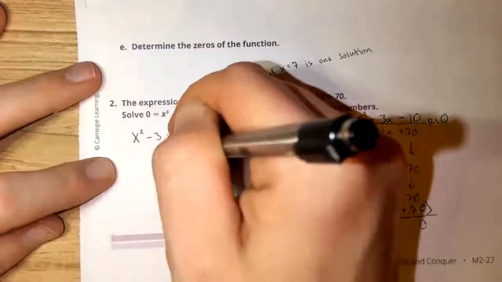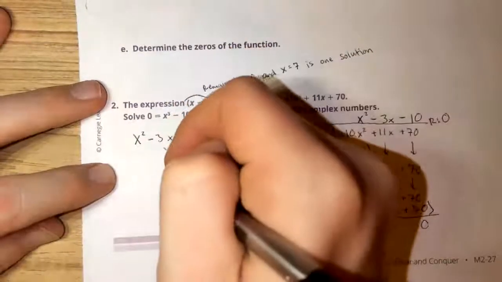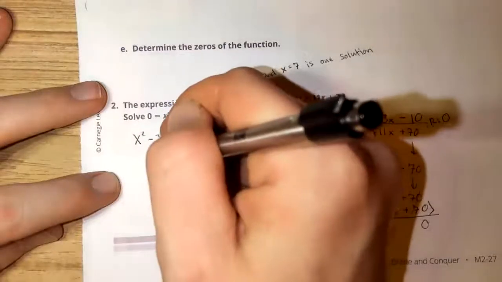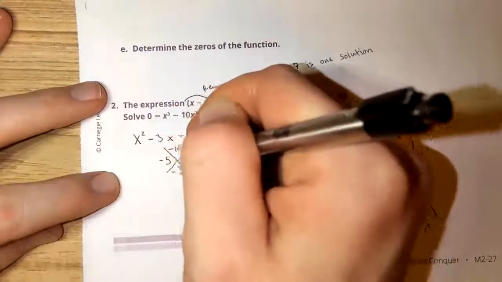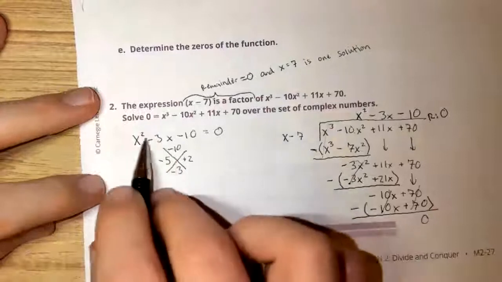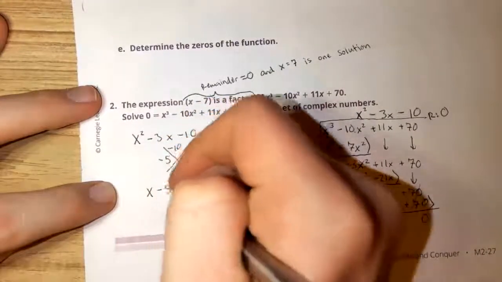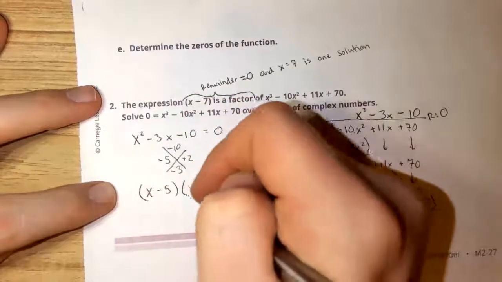If we use the little X bar chart method, what multiplies to make negative 10 but adds up to negative 3? That would be negative 5 and positive 2. So this factors into x minus 5 times x plus 2.